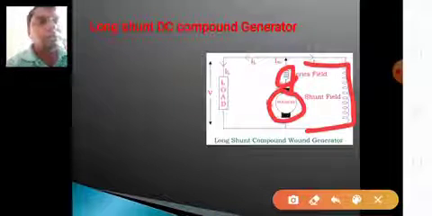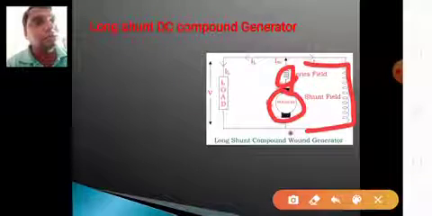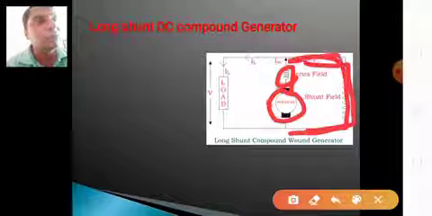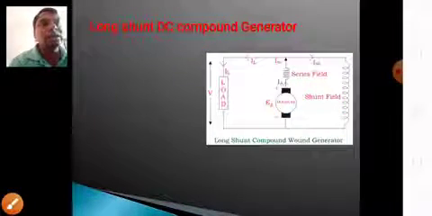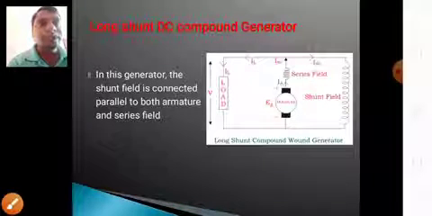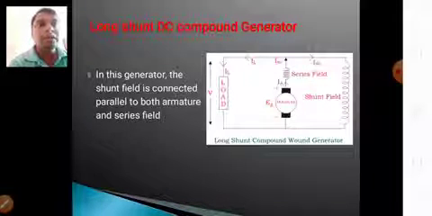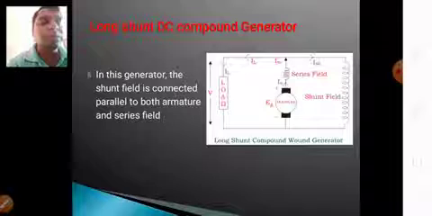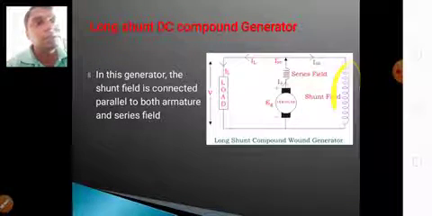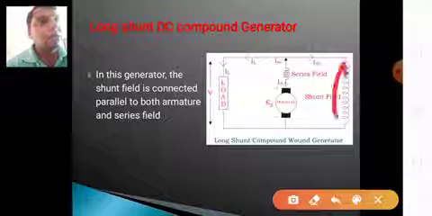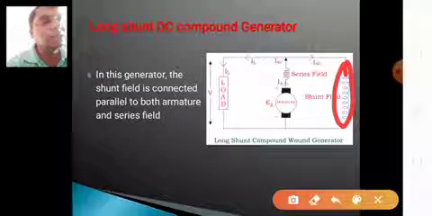So that is called long shunt. In this generator, the shunt field winding is connected parallel to both the armature and the series field winding.